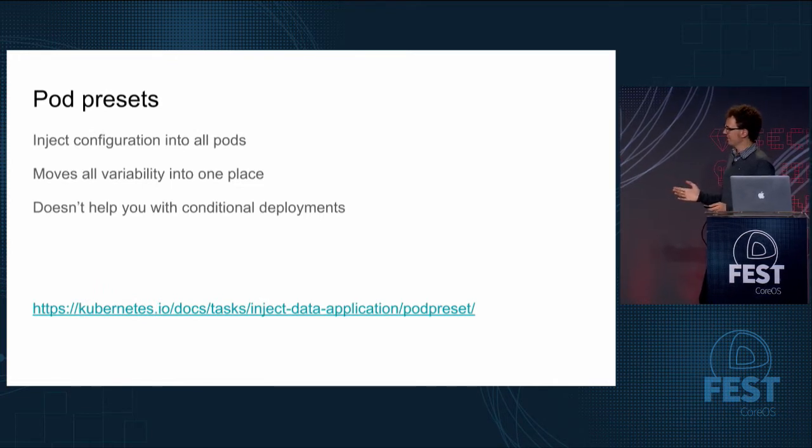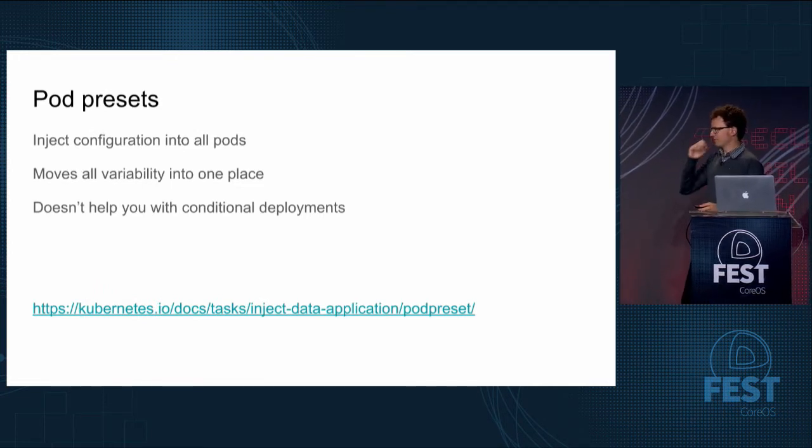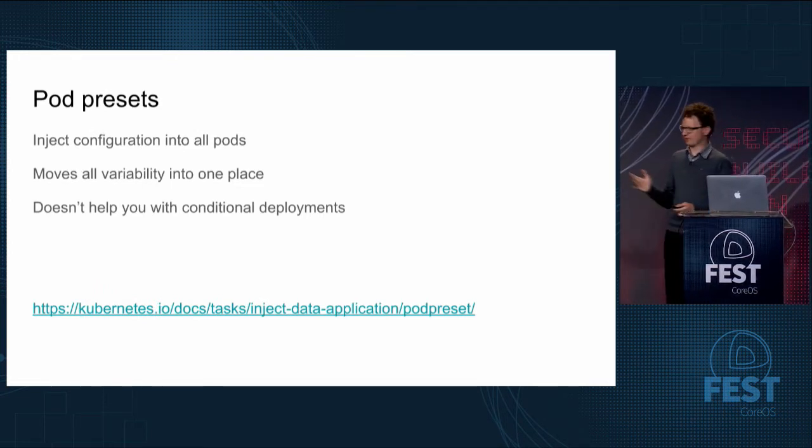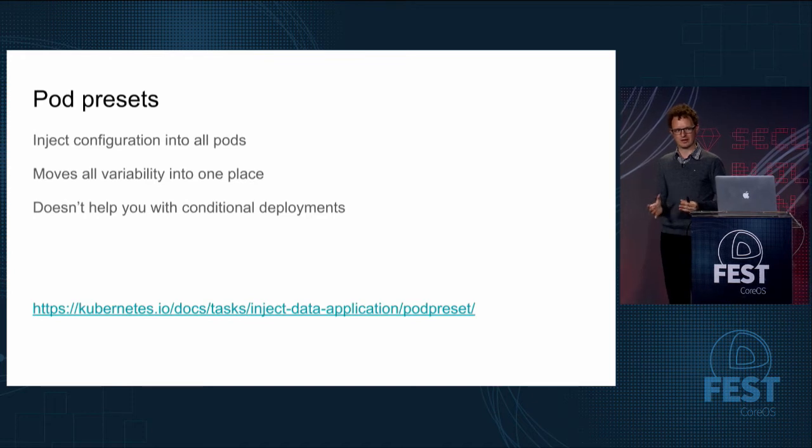One other thing to mention, it's very new. It's not very known yet. I'm not even sure if it's on by default nowadays, but it's pod presets. Pod presets allow you to specify a little piece of configuration, like I want to inject this configuration map into my pod, put it in a preset, and what will happen is anytime a new pod is scheduled, either manually or through a deployment, this little bit of configuration will be injected.